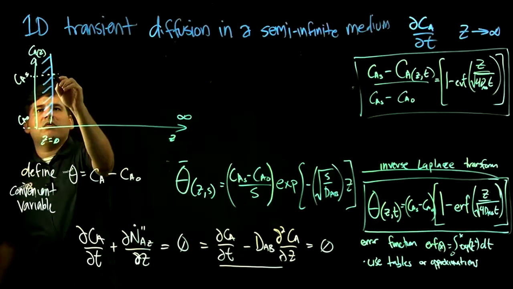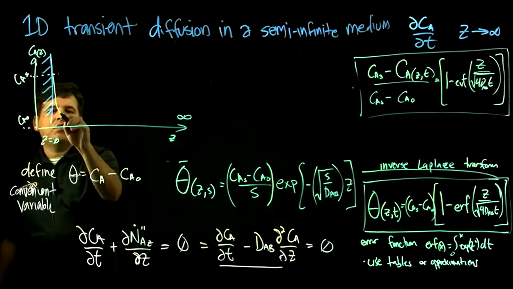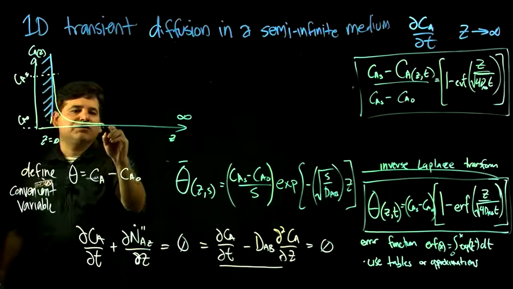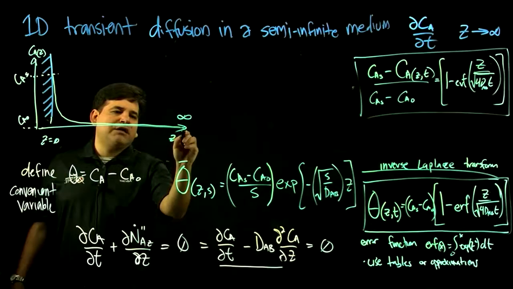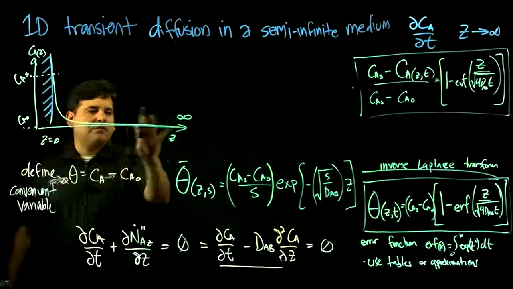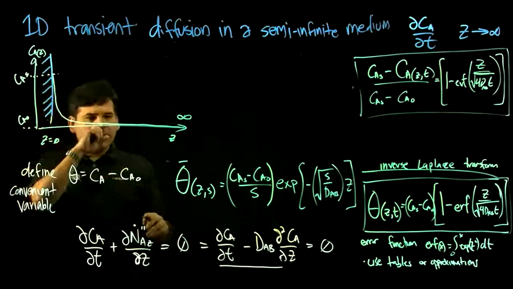At the surface, it has to equal the surface concentration. Then it will not penetrate that far, and it will approach the far stream concentration.